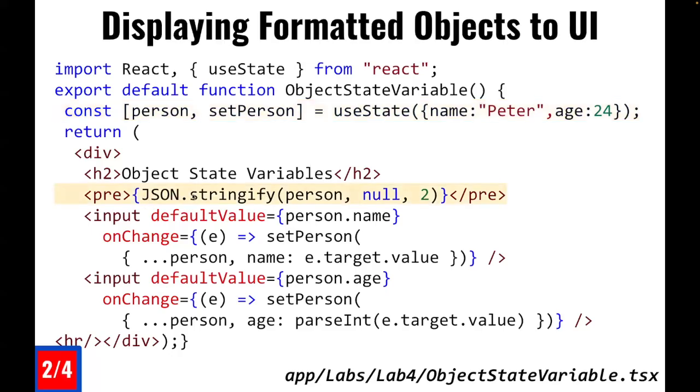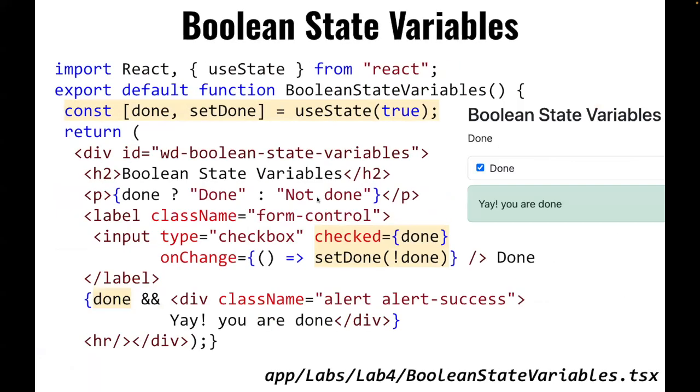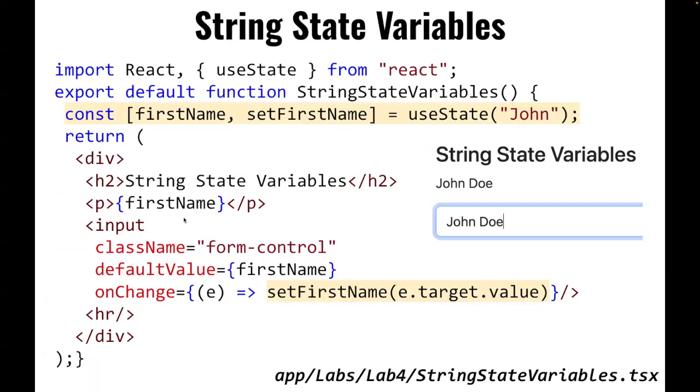And the way we update it is by calculating a new version of the object. Right? So first here we are displaying the person using stringify. JSON stringify is a utility function that allows you to render objects, right, as string representations, right? Notice that up to this point, whenever we're displaying something, we just say done, right? Or first name. You see that? It already knows how to convert itself into a string.